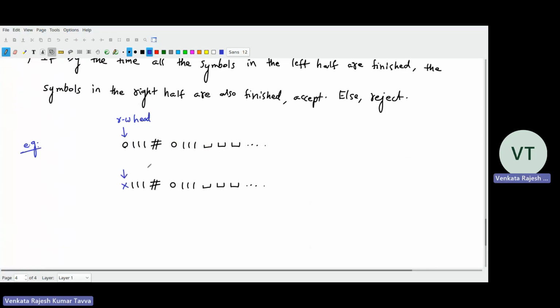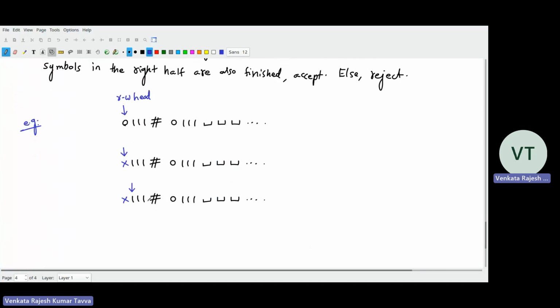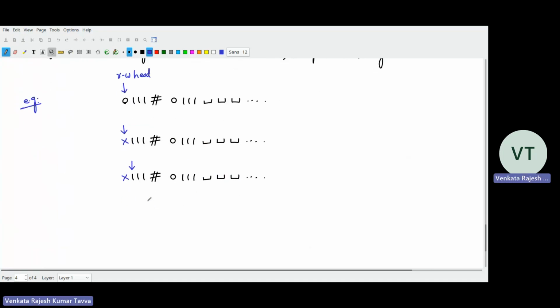And then I will move one step right. Now my read write head is on this one. Now I'll continue moving right until I go to the first uncrossed symbol after hash.